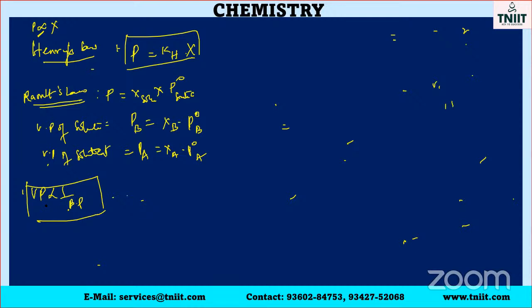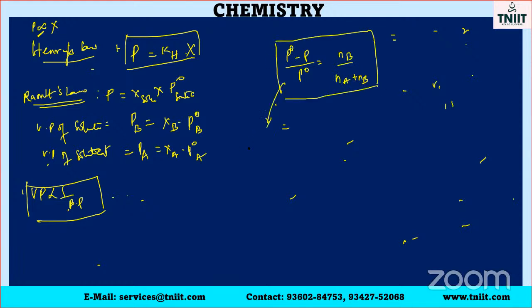Now, we also can represent Raoult's law by a formula. P naught minus P divided by P naught is equal to NB divided by NA plus NB. Now, what is this P naught minus P divided by P naught? It is called relative lowering of vapor pressure. Relative lowering of vapor pressure is equal to mole fraction of the solute.